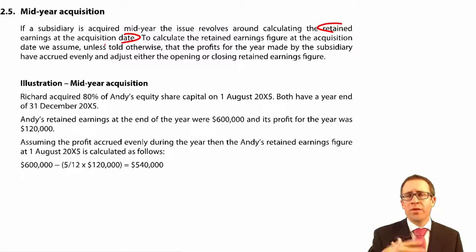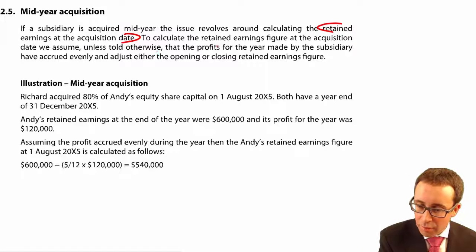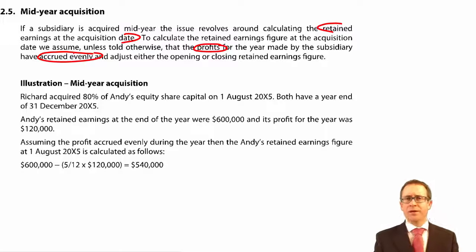Remember, to work out the net assets, you take the share capital and add the retained earnings. If you're not given the retained earnings, you need to work out the retained earnings at that date. Okay, so somewhere part way between the year. What we do there is you assume, again, it's an assumption, that the profits made by the subsidiary have accrued evenly.